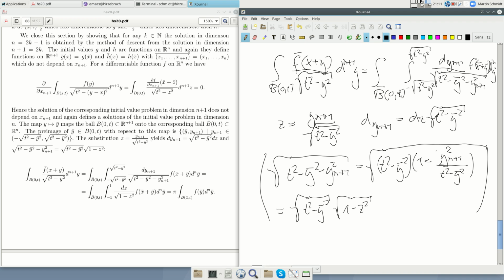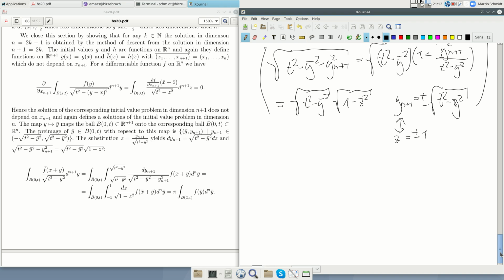The new variable z corresponds to minus 1 and plus 1: yn+1 equals plus minus square root of t square minus y bar square corresponds clearly to z equal to plus minus 1.